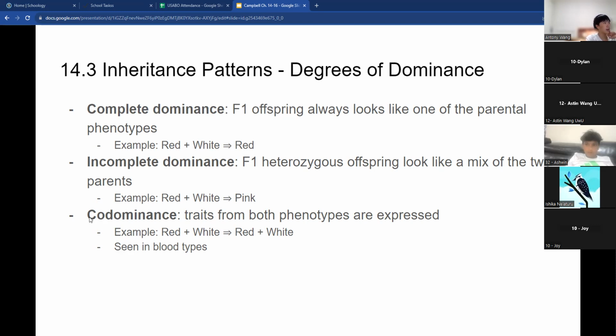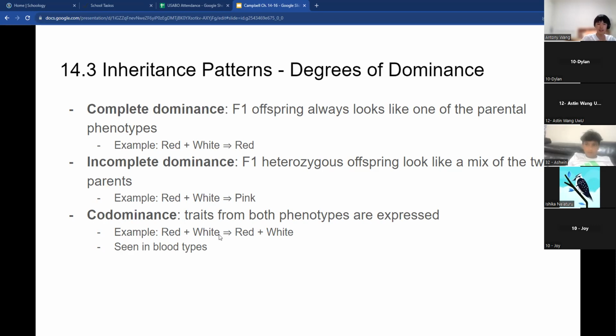The third common method of inheritance is codominance, where both phenotypes, both genes, are expressed equally. In this case, if you have a flower with a red and white allele, you're not going to see only red petals, and you're not going to see pink petals.